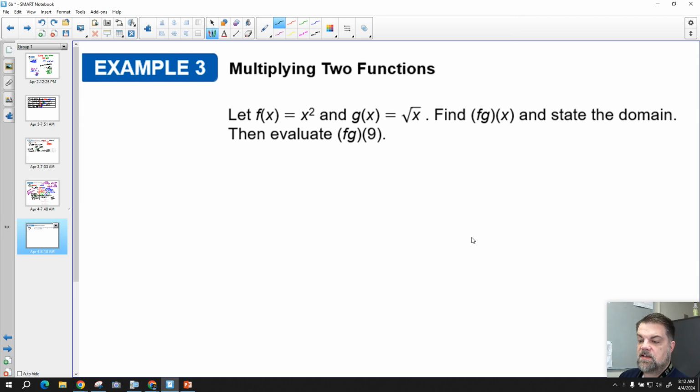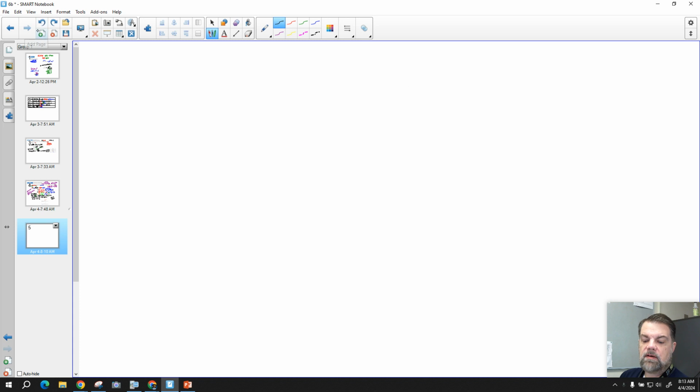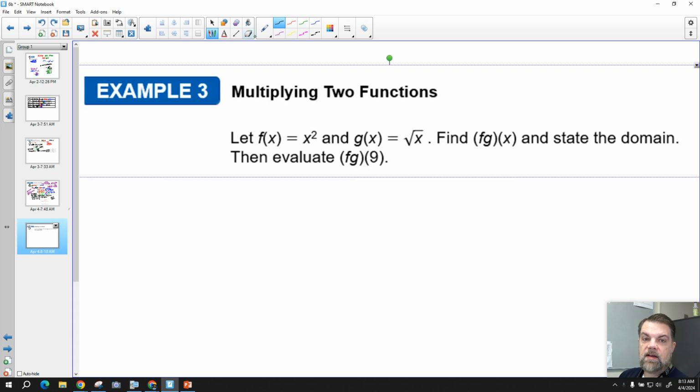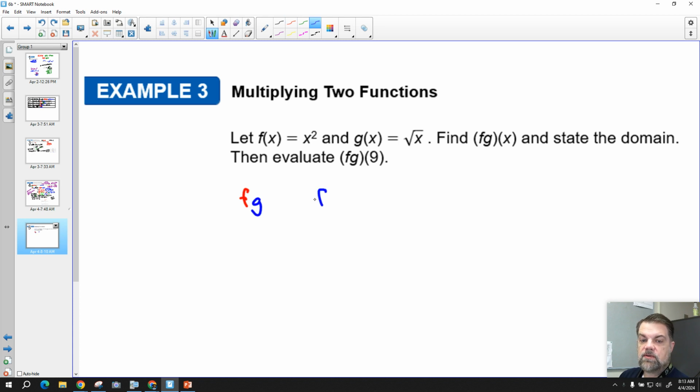So for this one, it's basically the same thing. Remember that f times g of x is equal to f of x times g of x, because we're multiplying, right?